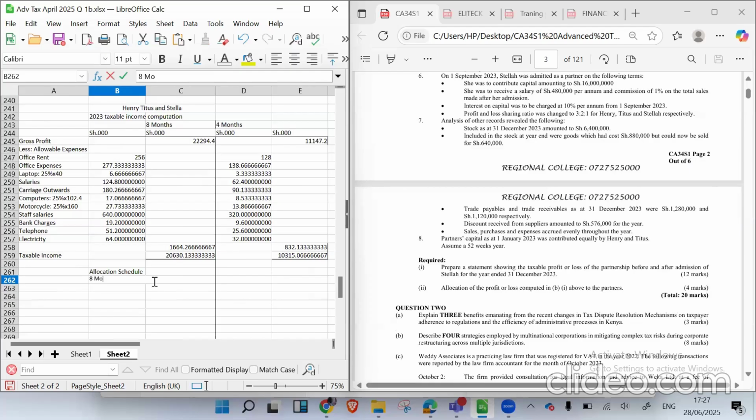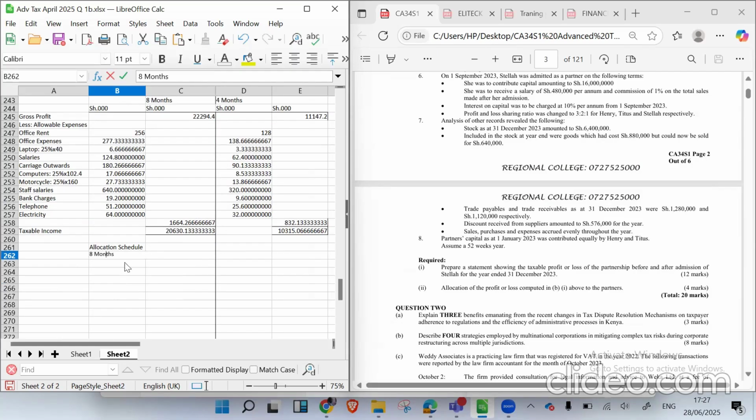So hii ni kama tu ile partnership accounts, because we all know that a partnership, the partners are supposed to share the profits from the partnership as per their profits and loss sharing ratio. So that now, instead of taxing the business, we tax the specific partners. So we don't tax the business. A partnership is never taxed. It is the partners that are taxed on income from the partnership.